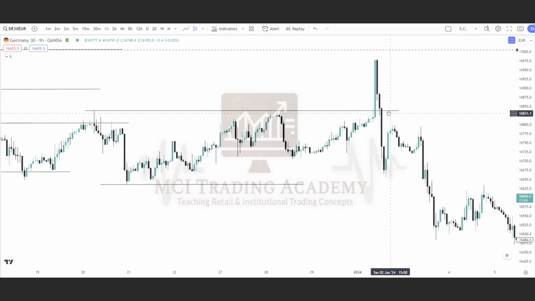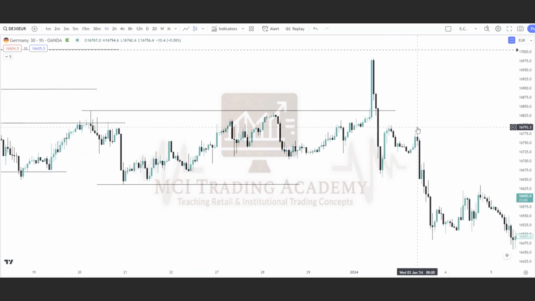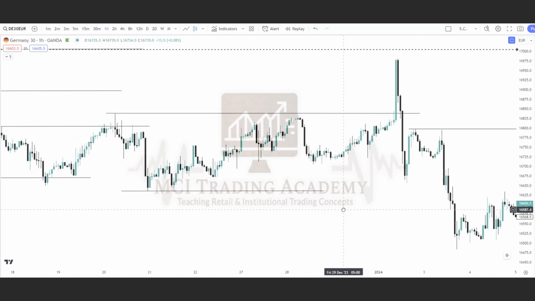Guys, another liquidity area that we have, so we have here, what do we have here? Okay, we've got equal highs, guys. Any equal highs or equal lows, clear liquidity areas, guys. And any candles, guys, this is very important here, any candles that are literally at the same level with each other in terms of high or low.